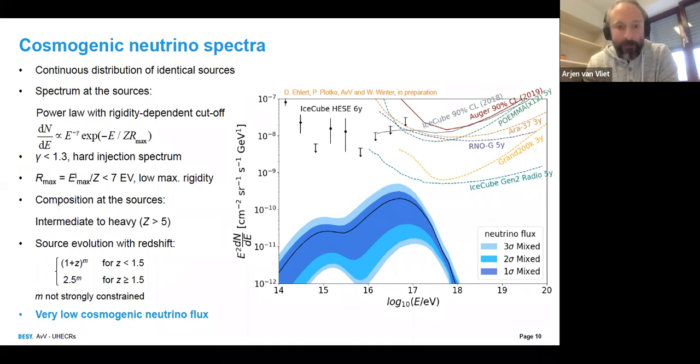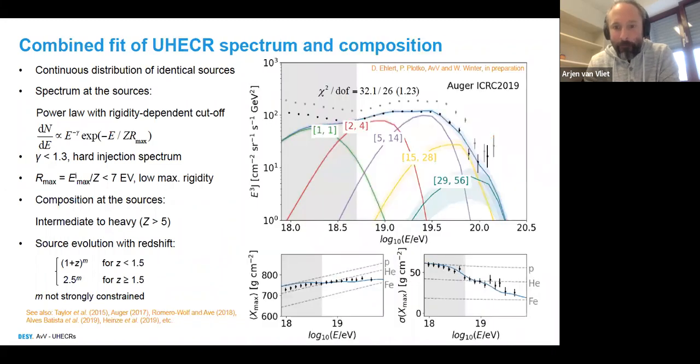So we get really quite few neutrinos, cosmogenic neutrinos at least. And also, if you look at this figure, here the different lines show different mass groups, and at the highest energies, you only have very heavy particles.